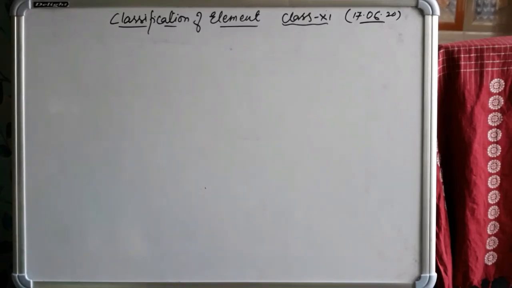Hello students, in this session I am going to discuss the next property that is called the ionization enthalpy. In the previous video we discussed the atomic radius and its factors.